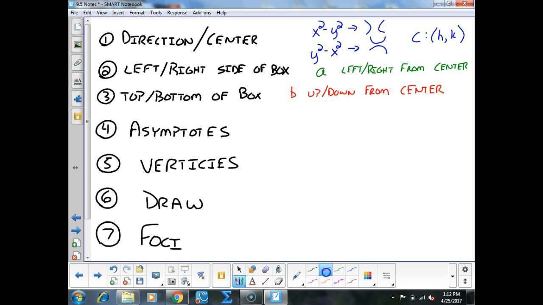Asymptotes. How do we find the asymptotes? It's in your notes. They're the diagonals of the box.